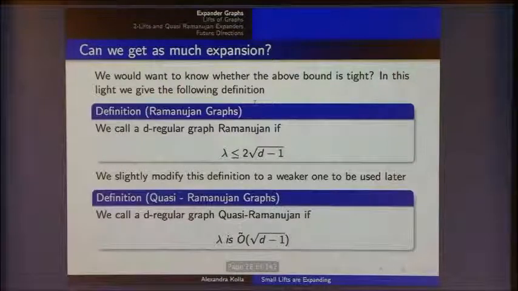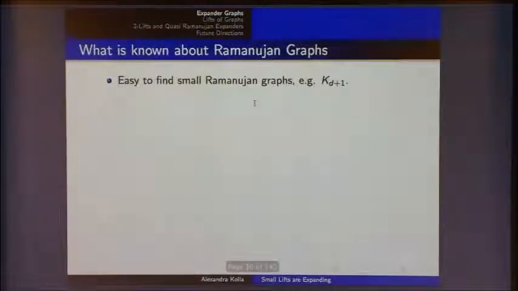And it's sort of normal these days to define stuff quasi-polynomial, quasi-exponential, quasi-Ramanujan. Those would incorporate some constant factors. Okay, so here comes the important question that a lot of computer scientists have asked.